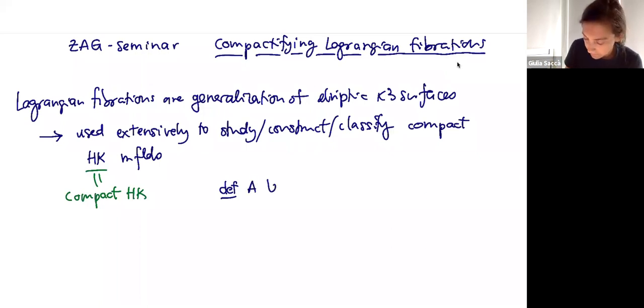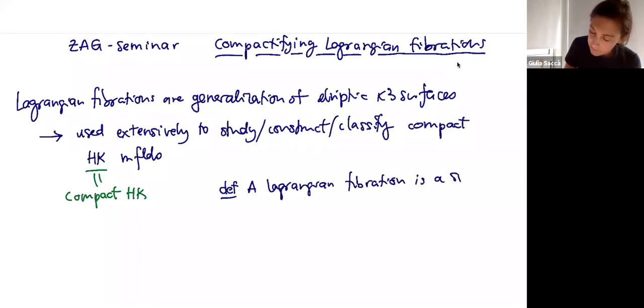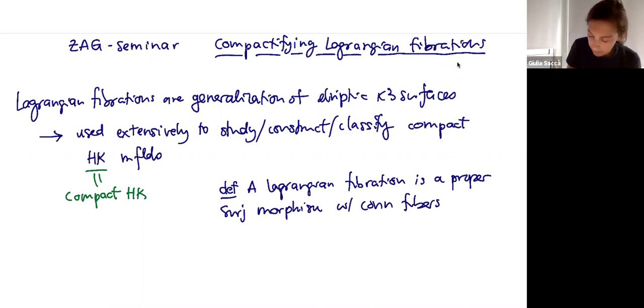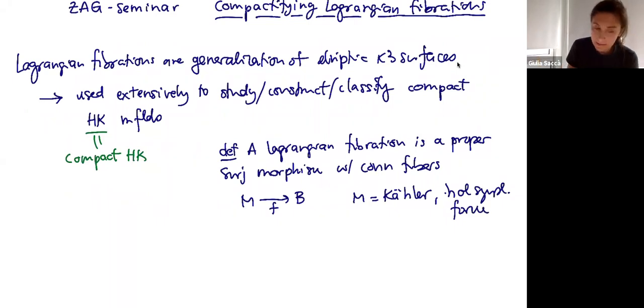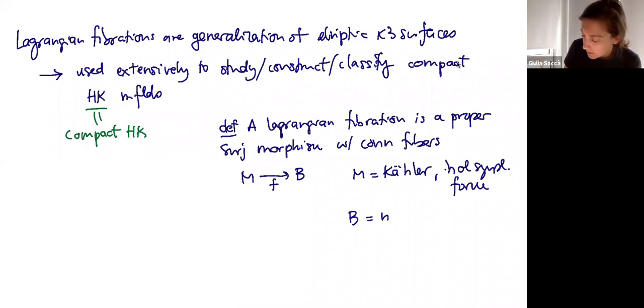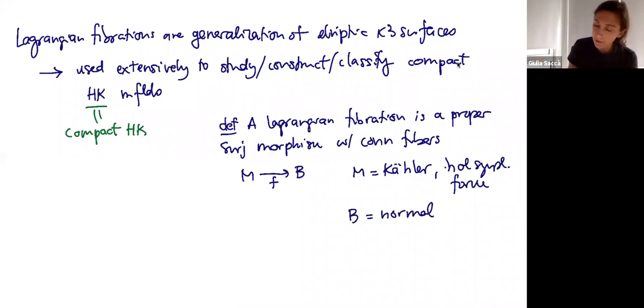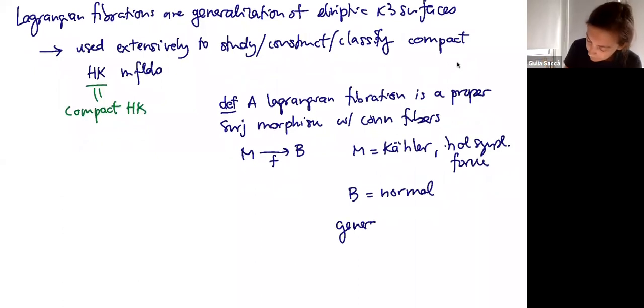A Lagrangian fibration is a proper surjective morphism with connected fibers, F from M to B, where M is Kähler, not necessarily compact, but has a holomorphic symplectic form, and B is normal, quasi-projective, and the general fiber of F is Lagrangian.